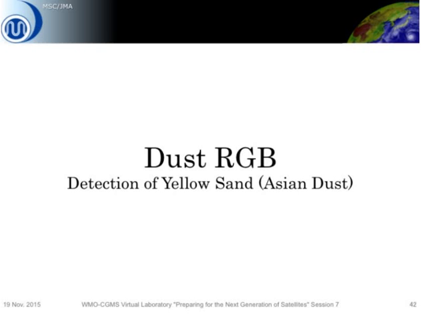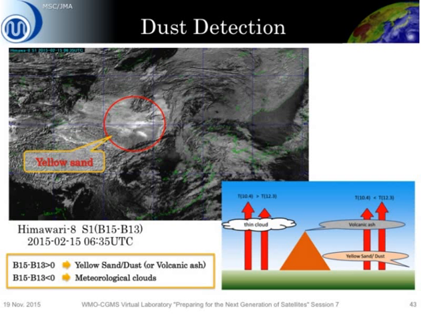Next is dust RGB. This is for detection of yellow sand or Asian dust. First, I'll explain the algorithm of dust detection.